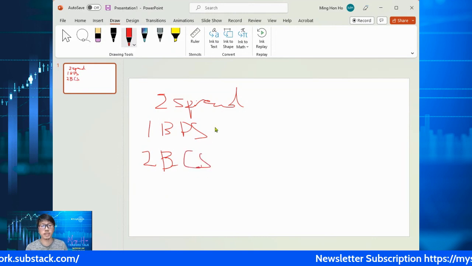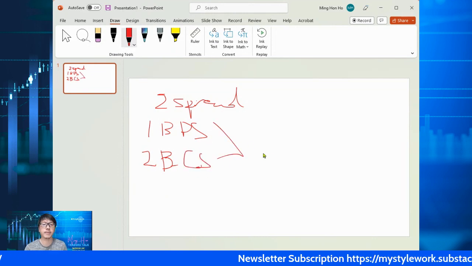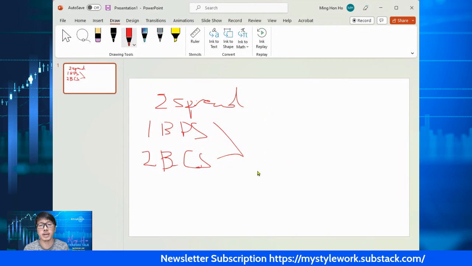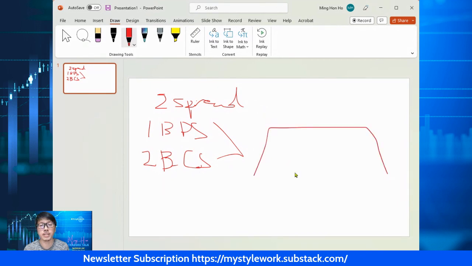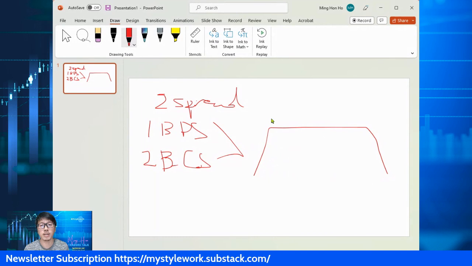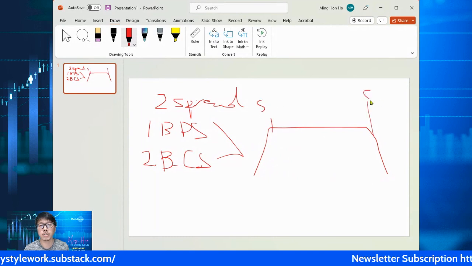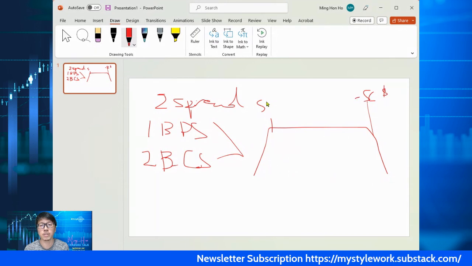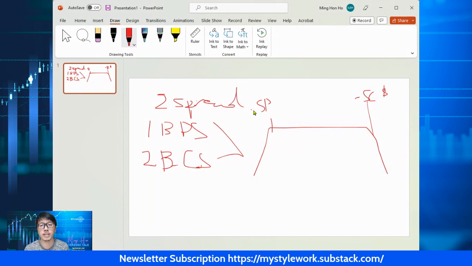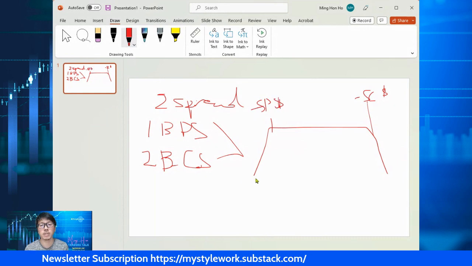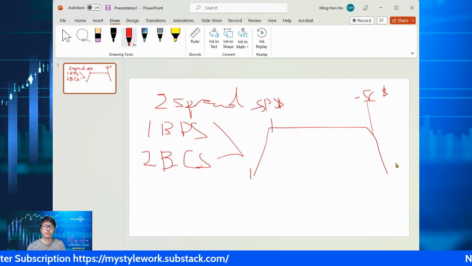So it is made out of two spreads. Basically your risk profile would be something like this. This is your short call price, and this is your short put price. Okay, so this is your spread.